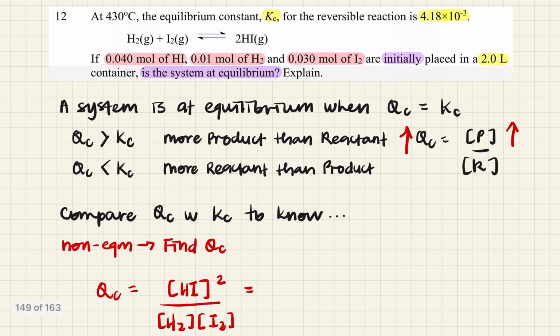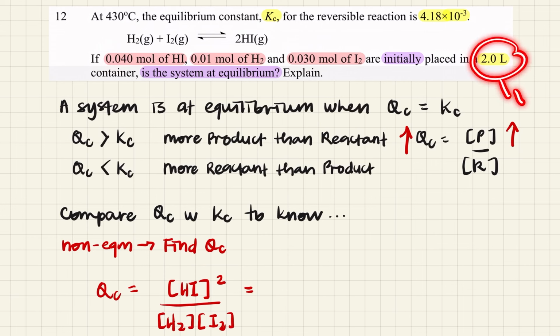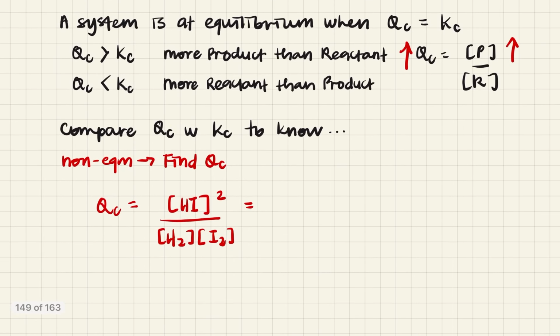Don't be careless and put these straight into your expression, because these are numbers of moles. This is your volume, so make sure to divide each of these by 2 liters to get your concentration. So put in the concentrations and then you will get your Qc. I am not showing the working, you must show the working.